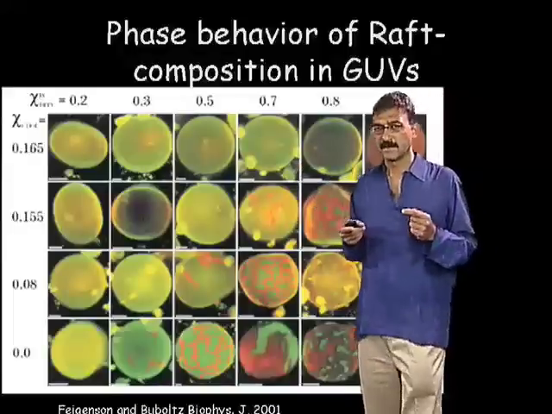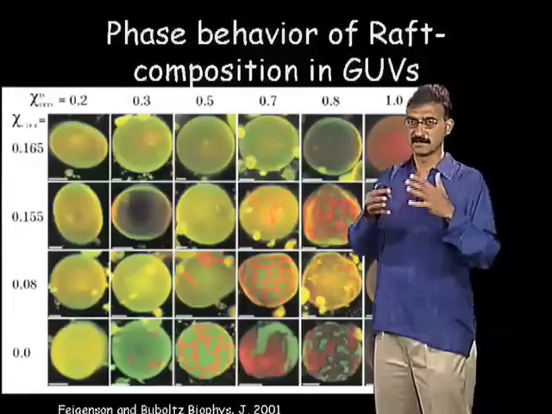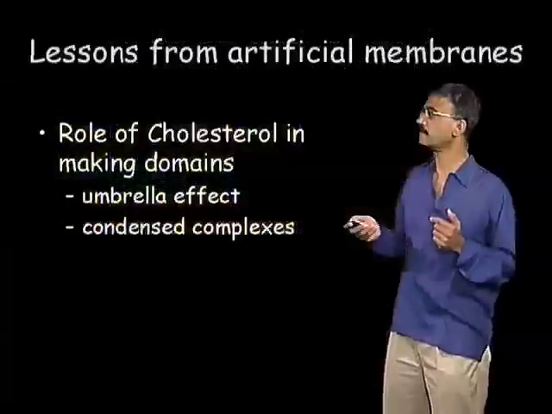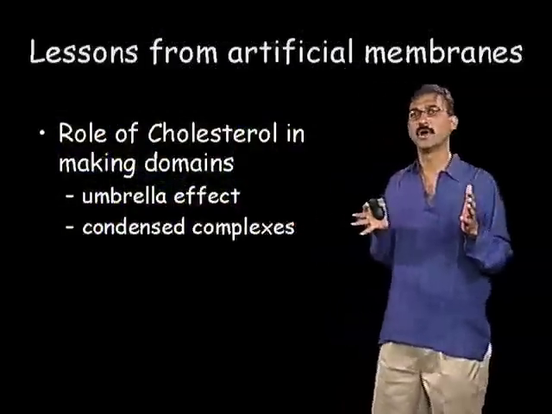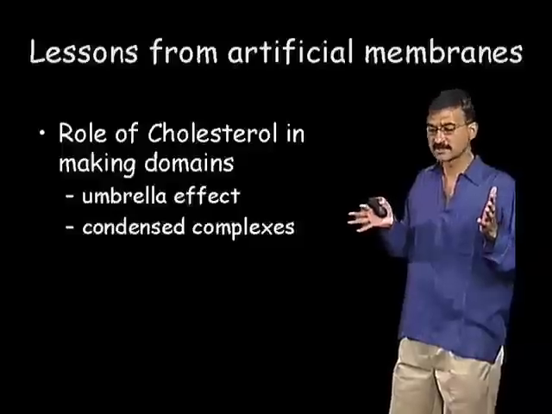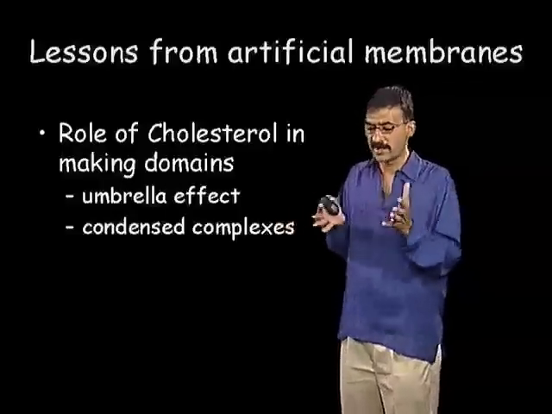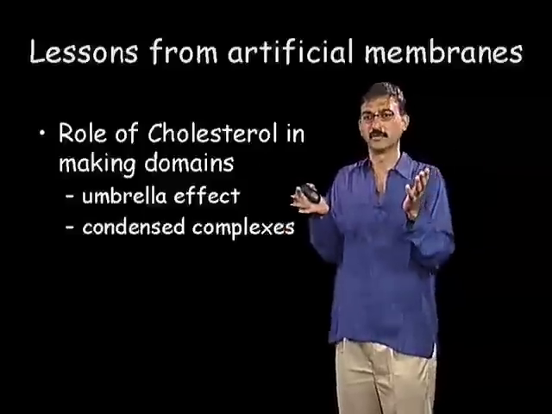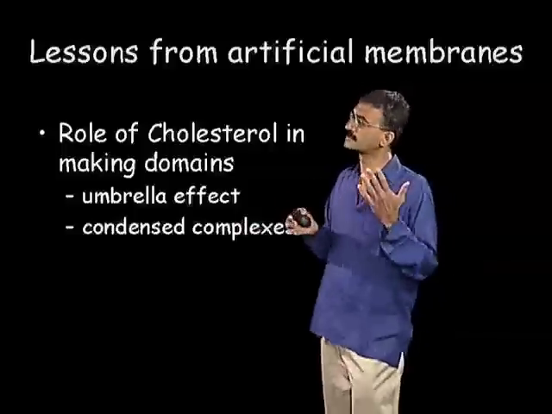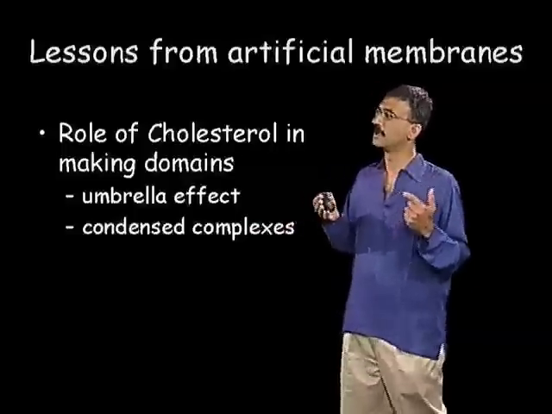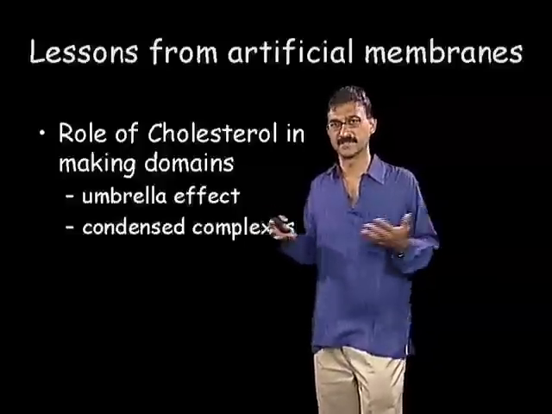So it appears then that cholesterol is able to modulate the nature of these domains that are present in these artificial membranes. And the lesson that we have learned from these artificial membranes is that the role of cholesterol is rather an ambiguous one, where at one level it's able to promote the formation of domains under certain conditions. At another level, it's able to mix domains. And this could be because of the different kinds of chemical interactions that cholesterol has with other lipids in the membrane.